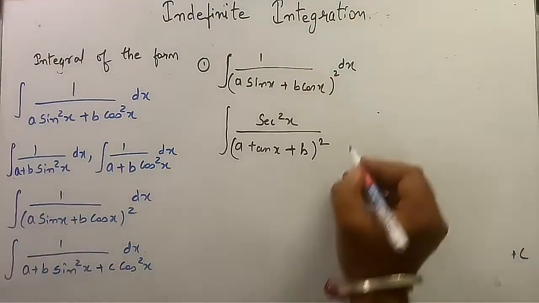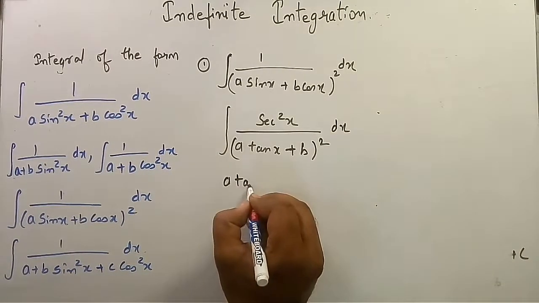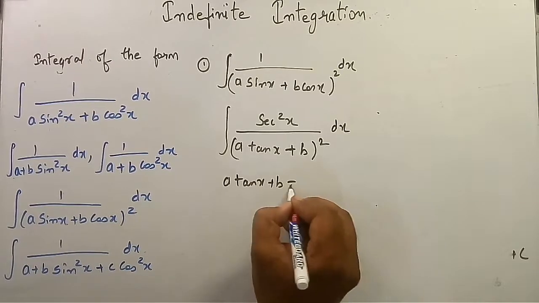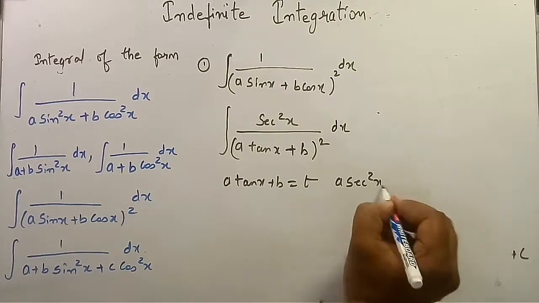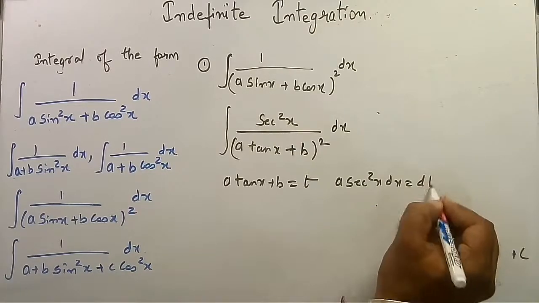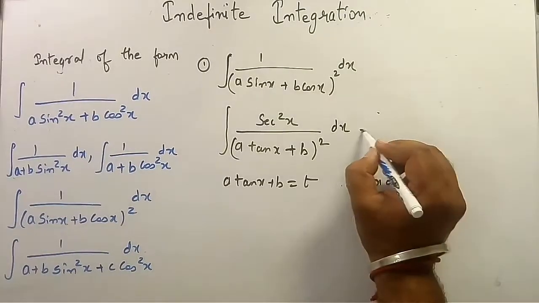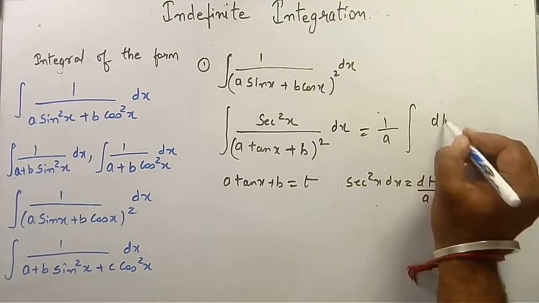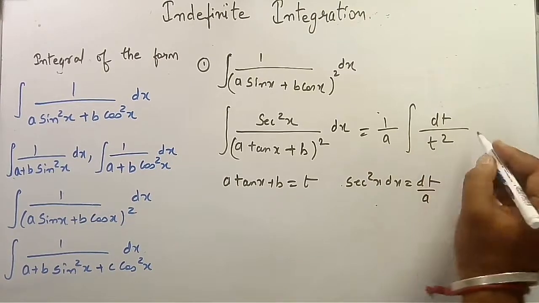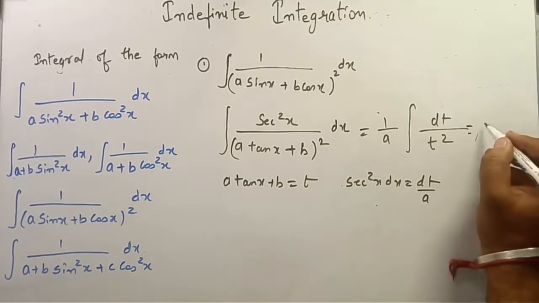Now you directly put a tan x plus b equals t, and then a sec square x dx will be equal to dt, so sec square x dx will be equal to dt by a. So this will be equal to 1 by a integral of dt by t square, and we very well know the integration of this function. What will be the integration of this?